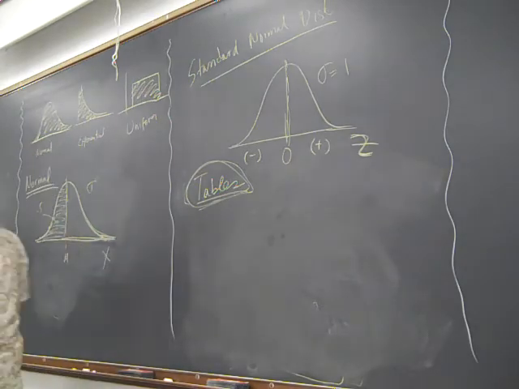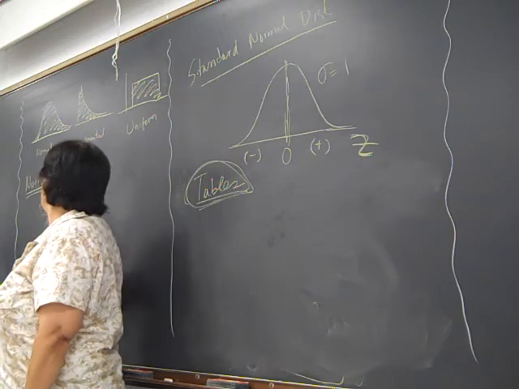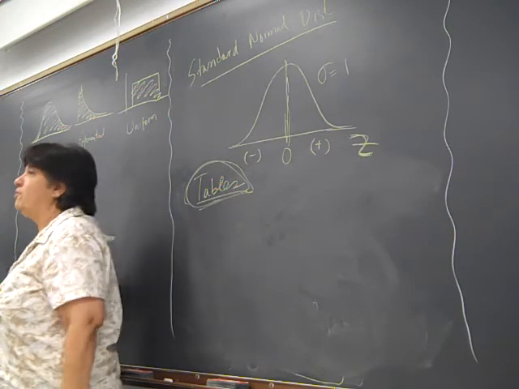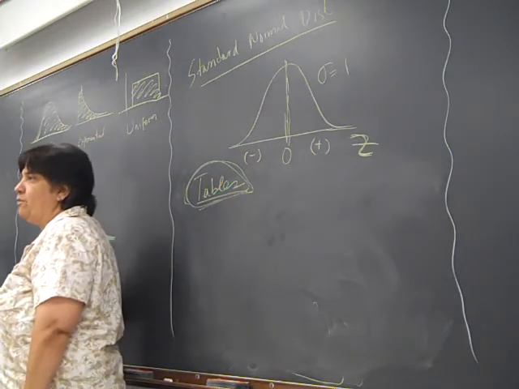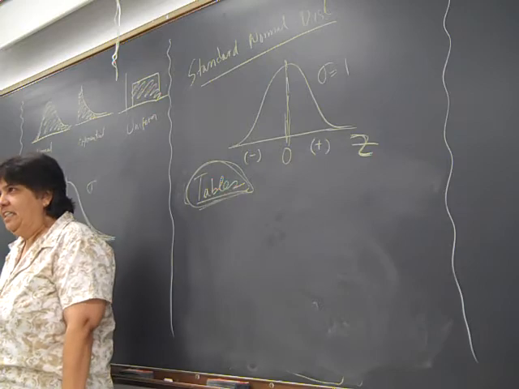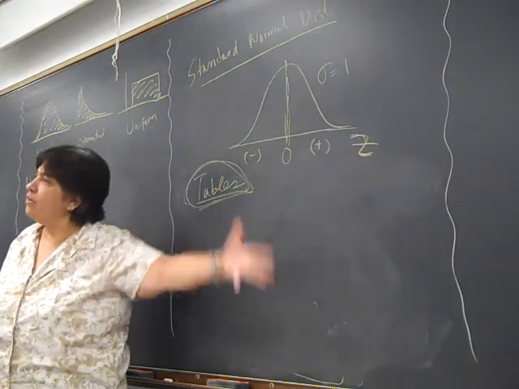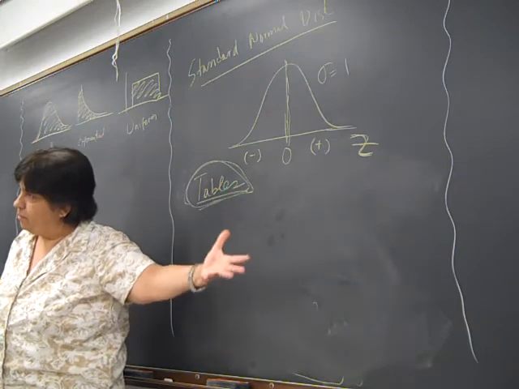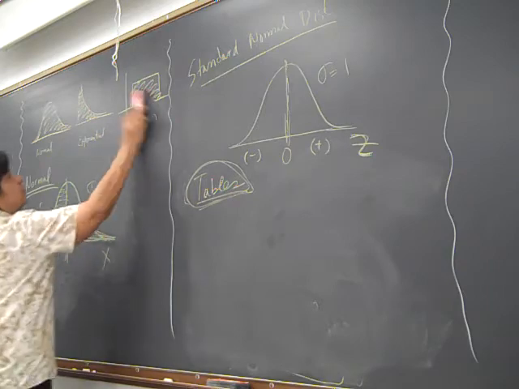So if I have something in my problem that has a mu and a sigma which are not 0 and 1, how am I going to calculate these probabilities over here? We need to translate this distribution into this distribution and then work on this one to calculate probabilities.